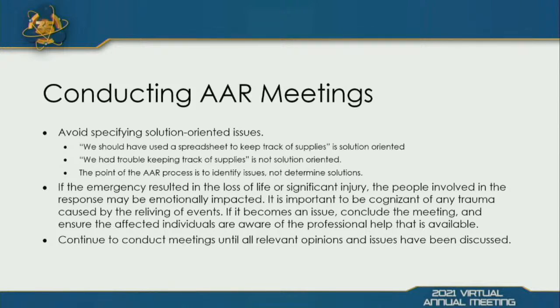So the second bullet is referring to, this doesn't happen often, but when it does, you need to know what to do. If the emergency resulted in a loss of life or significant injuries, conducting the AAR meeting is basically forcing people to revisit or relive what happened to identify what went well and what went poorly. This can create trauma for people that are impacted by the loss of life and the injuries. If that happens, just conclude the meeting.